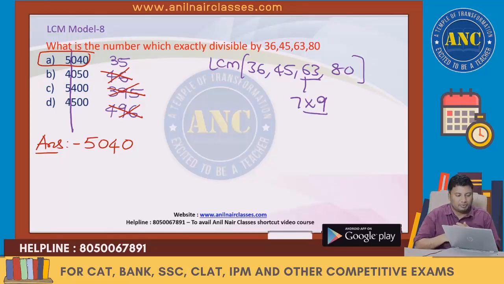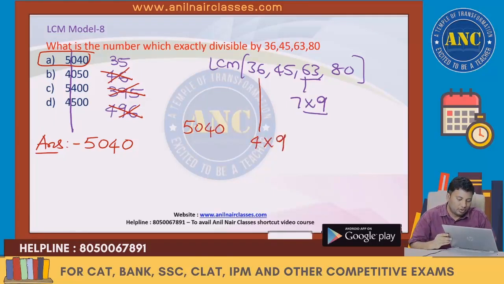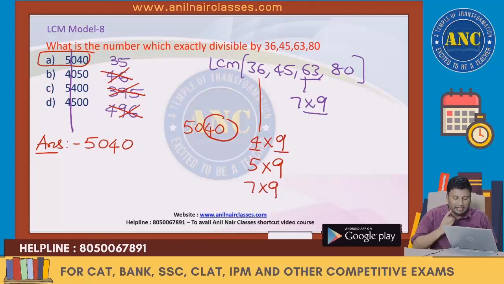Now in case if you want to check it out, 5040. 36 is 4 into 9. 4 means last 2 digits should be divisible by 4. 9 anyway it is divisible. 45 is 5 into 9. 5 means unit digit is 0 or 5. 63 we have already checked. 7 into 9. 80 is nothing but 5 into 16. 16 also it is possible.